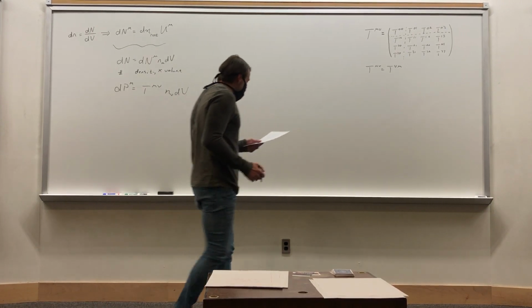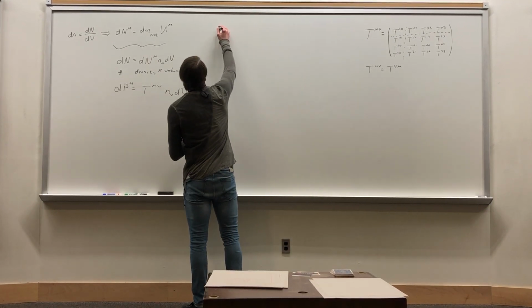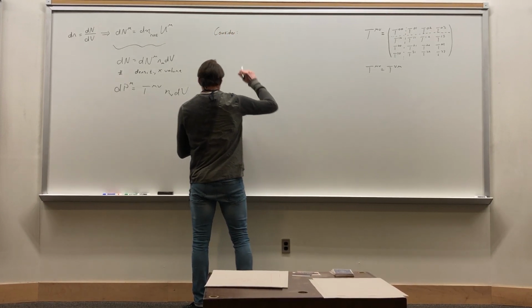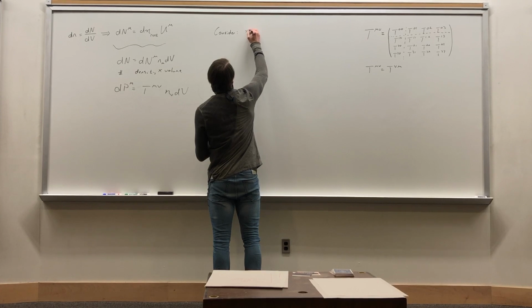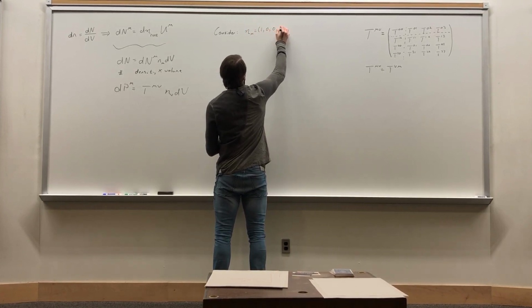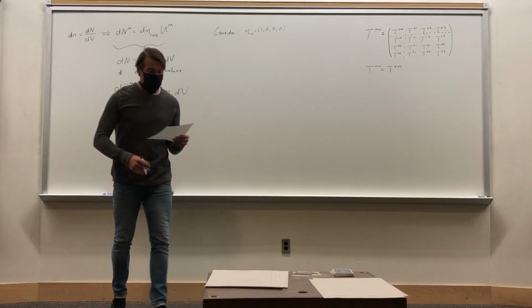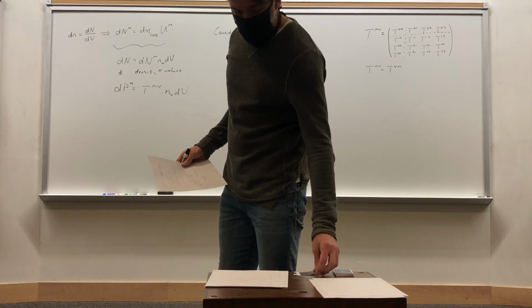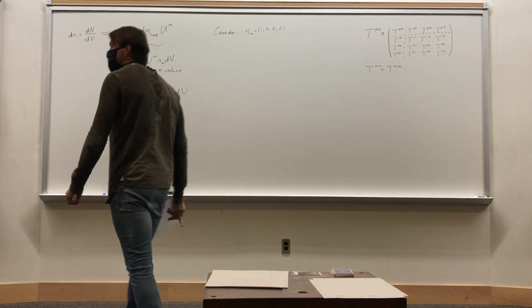Okay, so here's how we do it. Consider a normal vector, which is 1, 0, 0, 0. Okay? Daniel? Yeah.